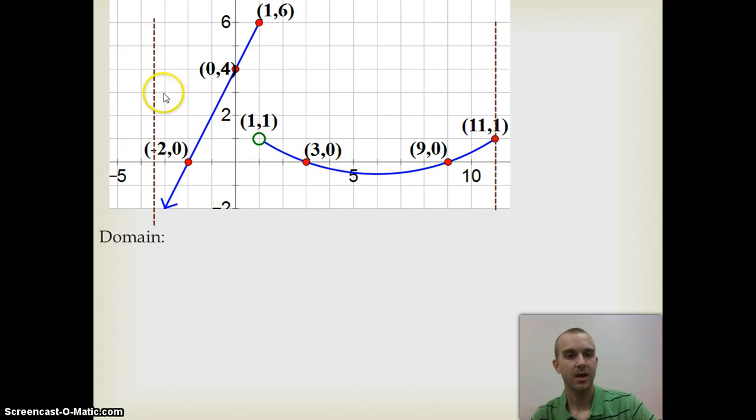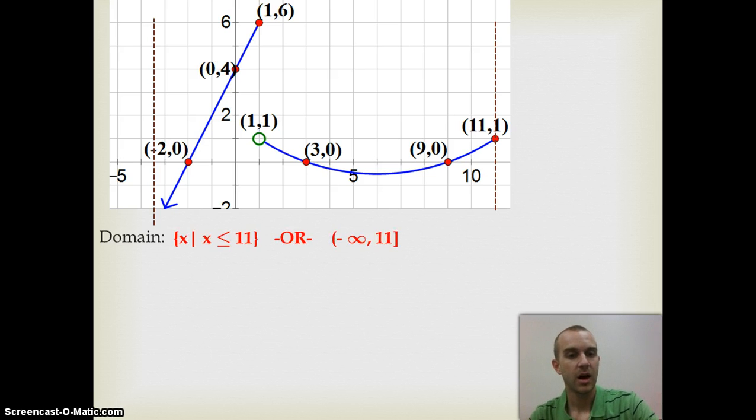And when I do that, I see that my x values go no further to the right than 11, and when they go to the left towards the negatives, while my graph goes off here at -3, the arrow tells me it's going on forever. There's no actual stop to it, which means that all negative x's will be included in my domain. So I'm going from -infinity up to 11.